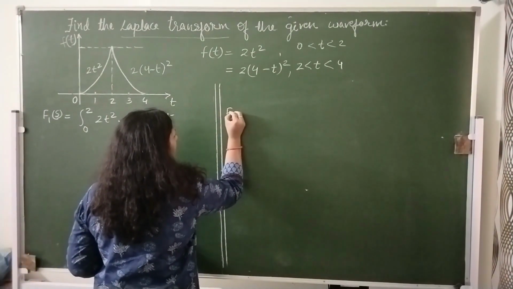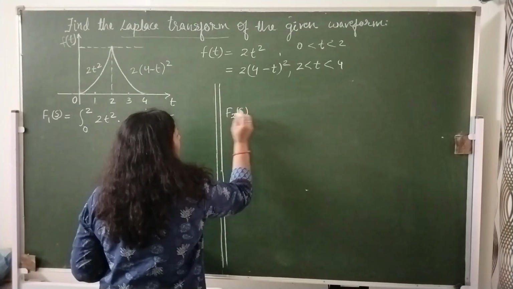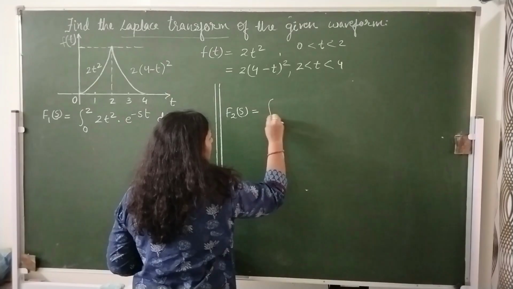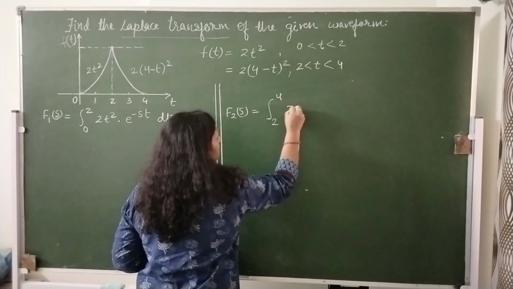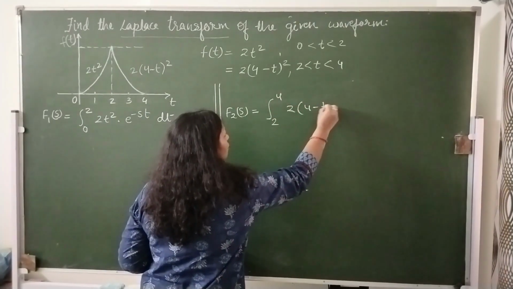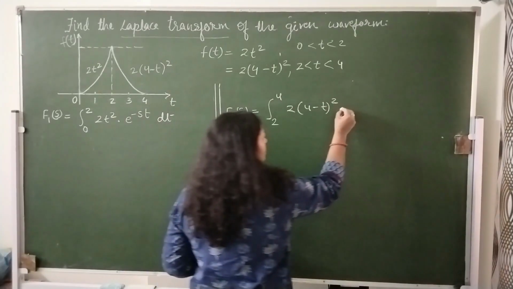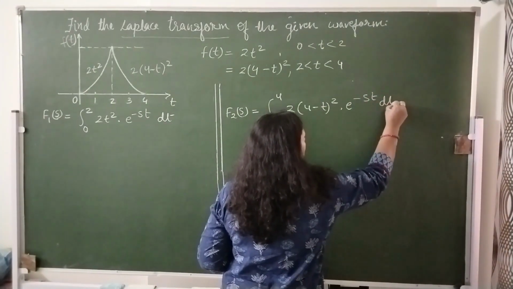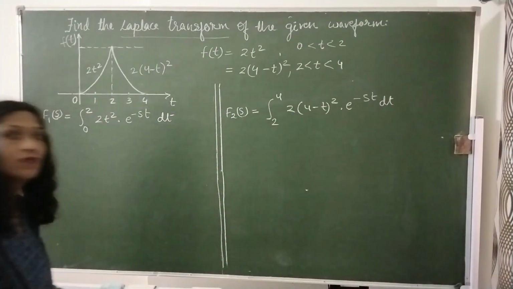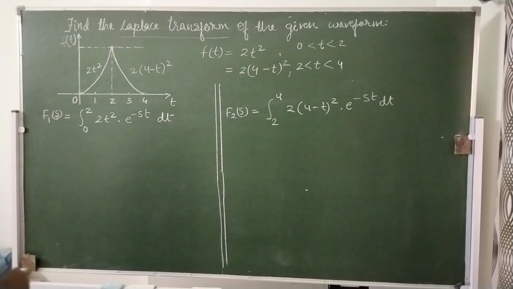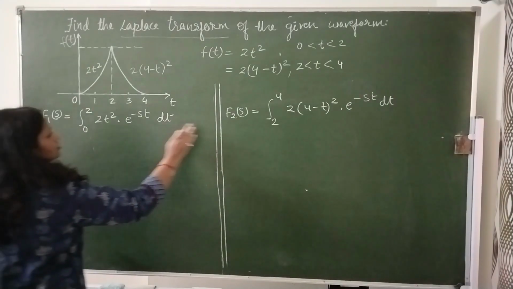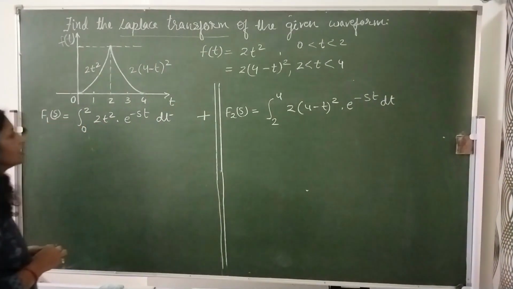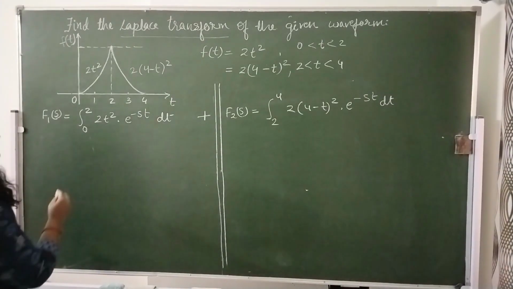For the Laplace transform of the second function, do the same thing. 2 to 4 is the limit, 2(4 minus t) whole square is the function. Multiply it with e to the power minus st and integrate it with respect to t. And after finding these two functions, we will add them to get F(s).